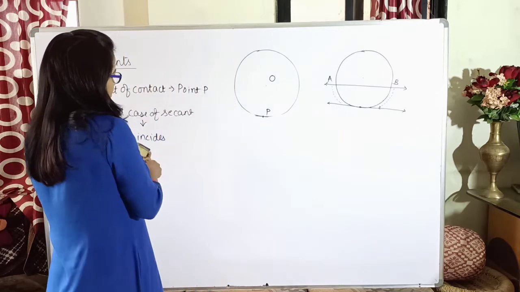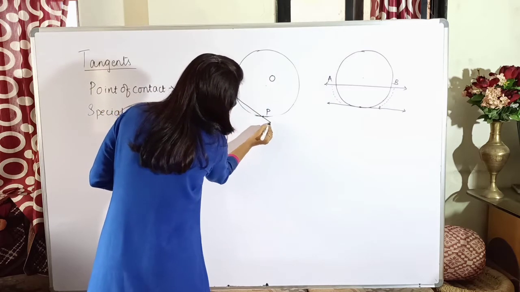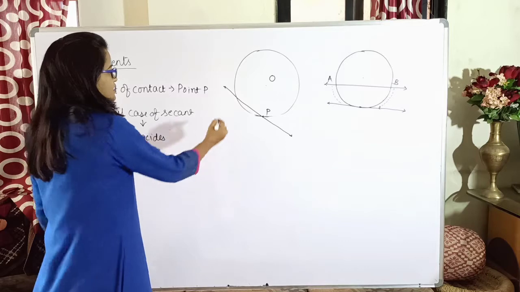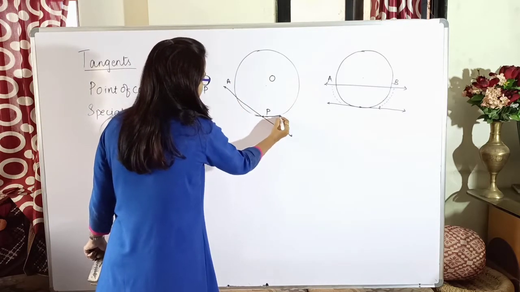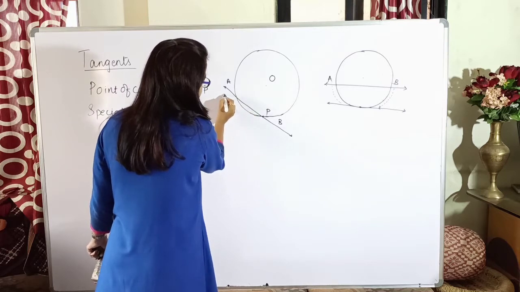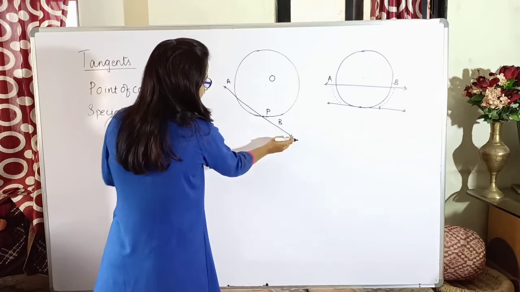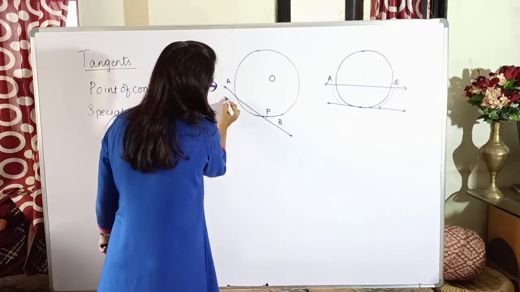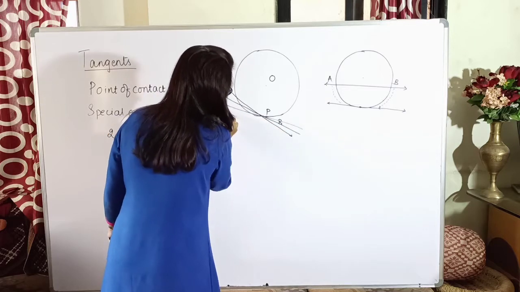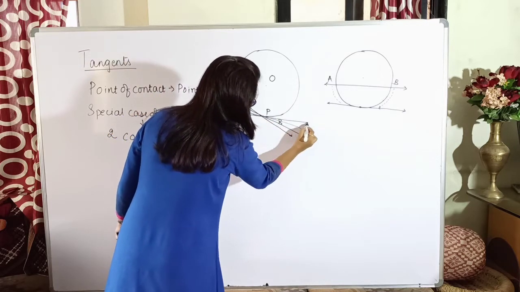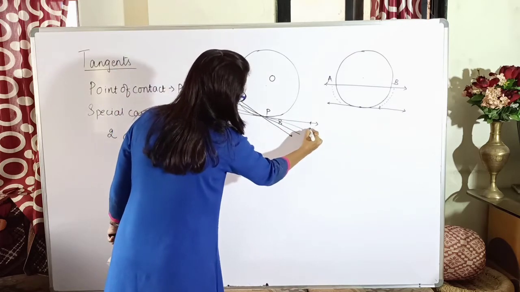Suppose I am drawing a line AB which is passing through P. Now I will move this line so that it becomes tangent to the circle. Finally this line, suppose I name it A dash B dash.